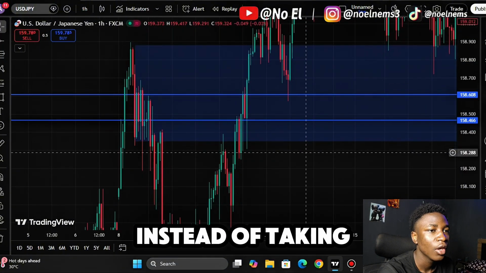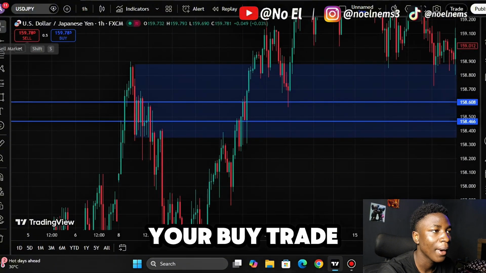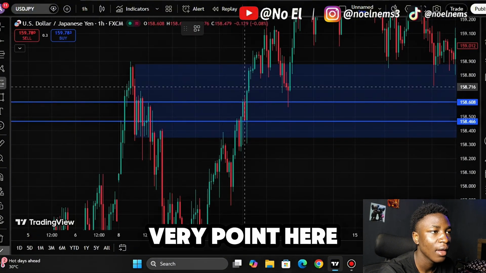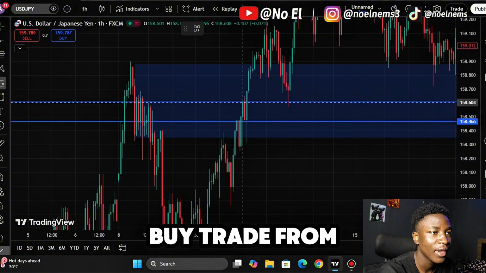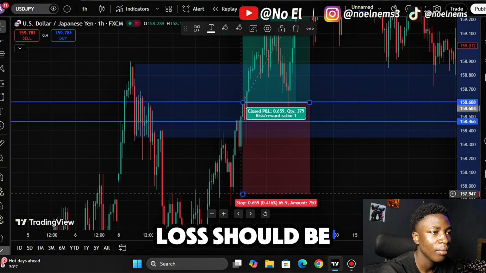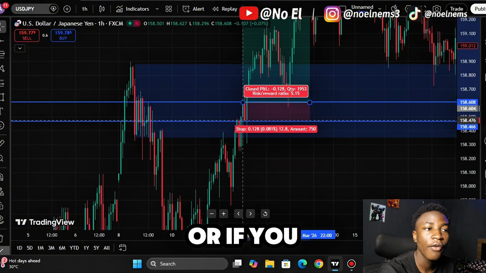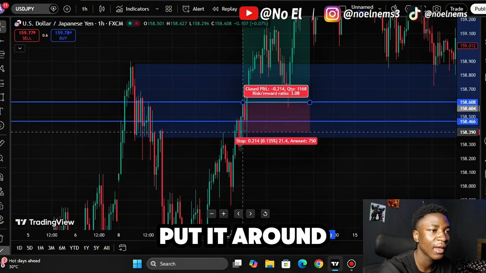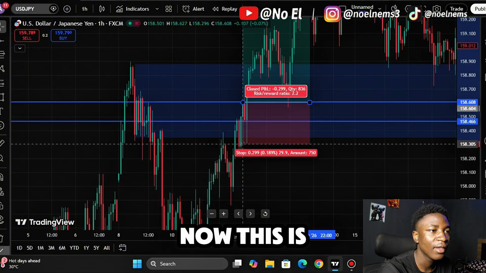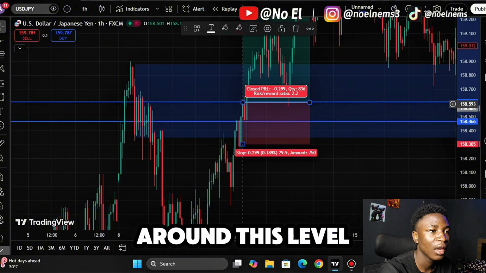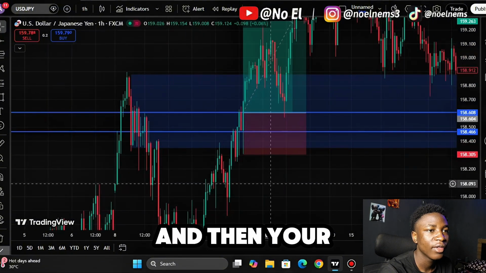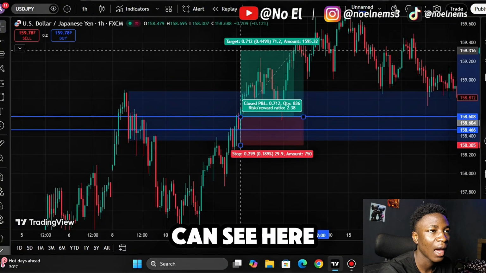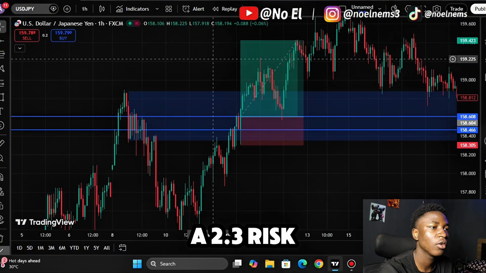Instead of taking your buy trade right from this very point here, you're going to be taking your buy trade from here, and your stop loss will be around here. Or if you want to play safe, you go for the lowest point and put it around here like this. And this is your stop loss around this level, and then your take profit will be where you chose. And you can see here you have a 2.3 risk reward ratio.